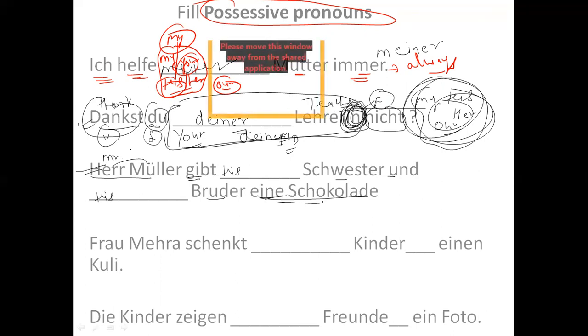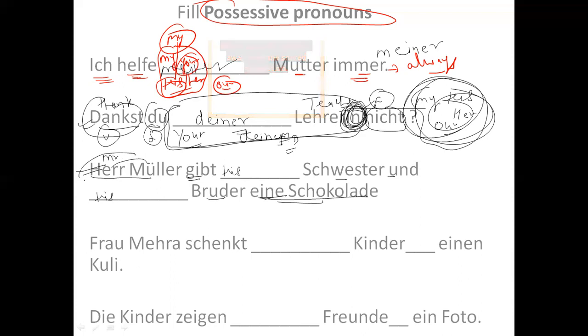Although I can also write Mr. Müller will give your sister and your brother a chocolate. So any possessive pronoun can come, but again I'm repeating that you have to use the appropriate one. So Mr. Müller will give his sister and his brother a chocolate.